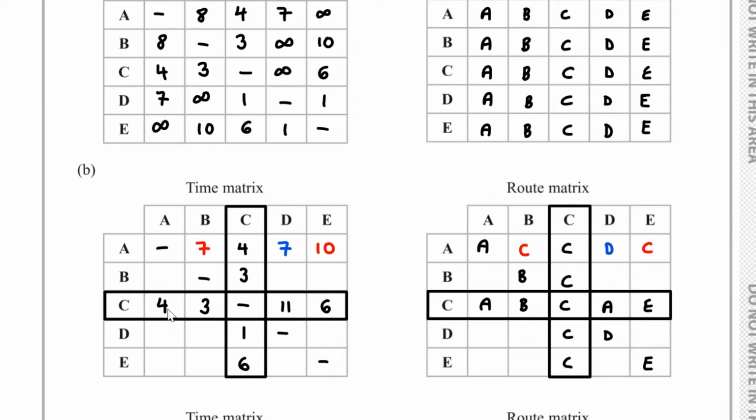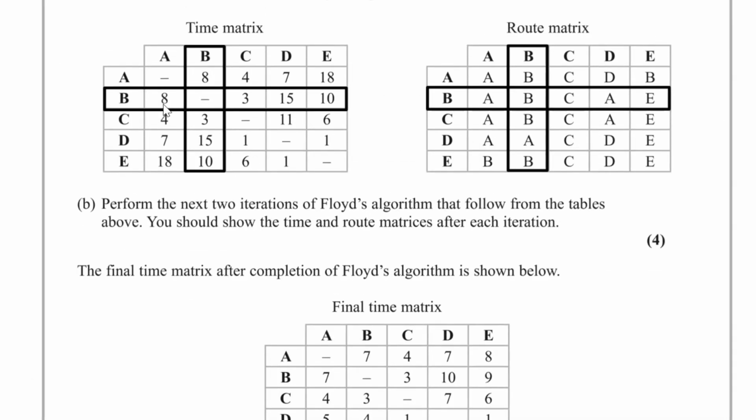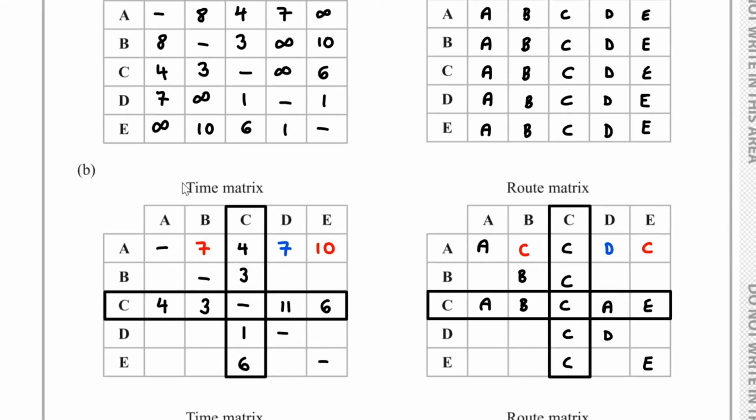We compare the sum of 4 plus 3, which is 7, with the 8 over here. 7 is smaller, so we write down 7 here, and C here, indicating we've changed.